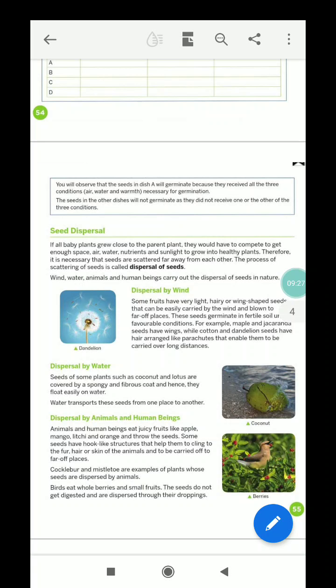That is why they should be scattered far away from the parent plant and from each other. The process of scattering of seeds is called dispersal of seeds.